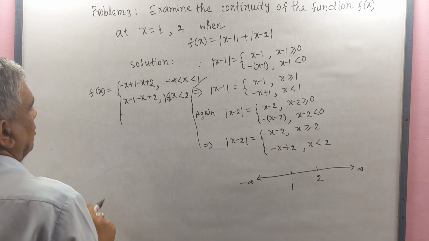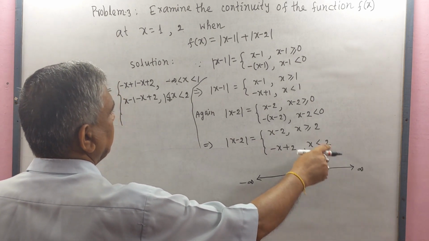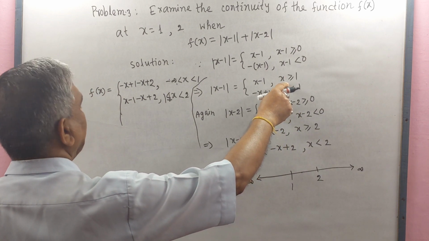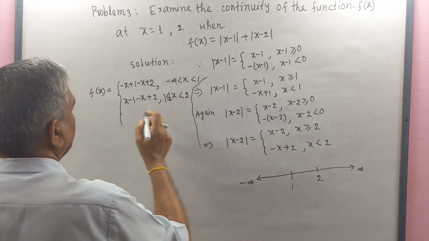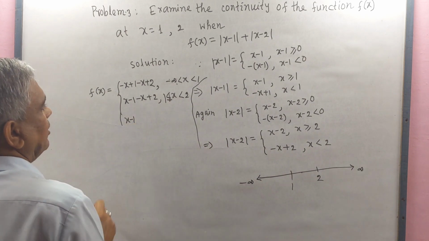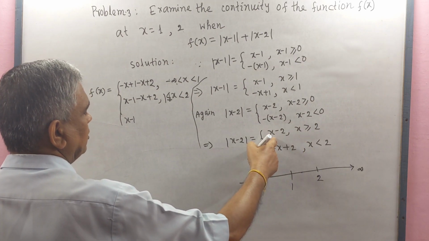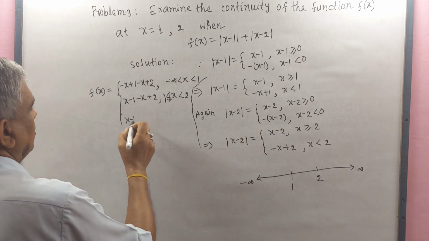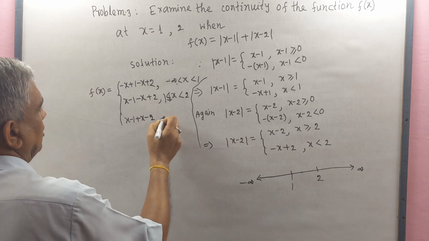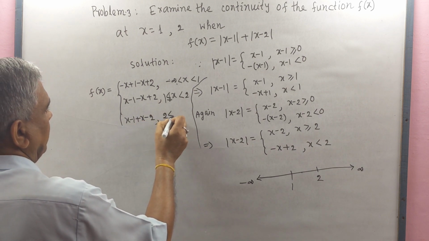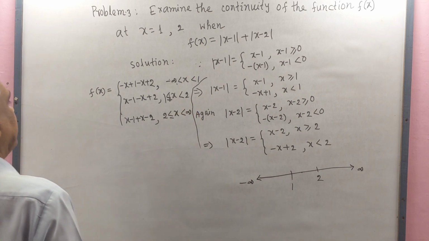And for x greater than 2, modulus of x minus 1 is x minus 1, and modulus of x minus 2 is x minus 2, for x less than infinity.